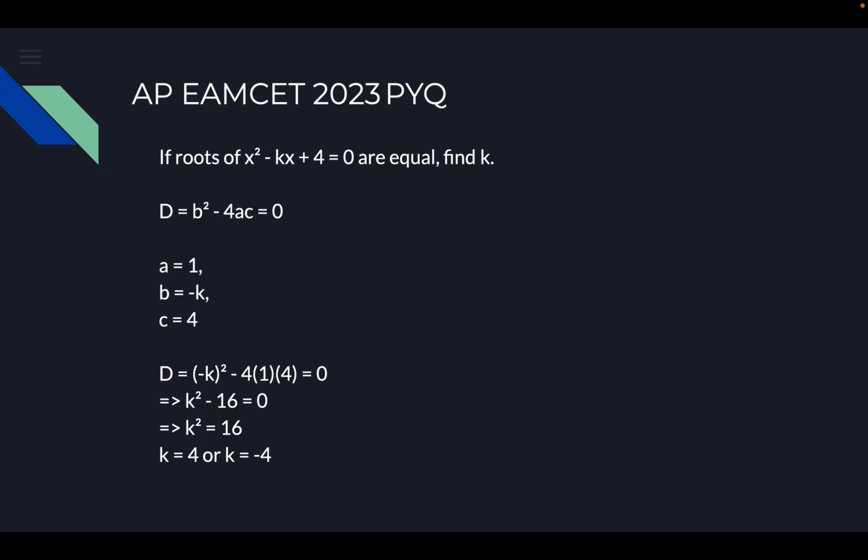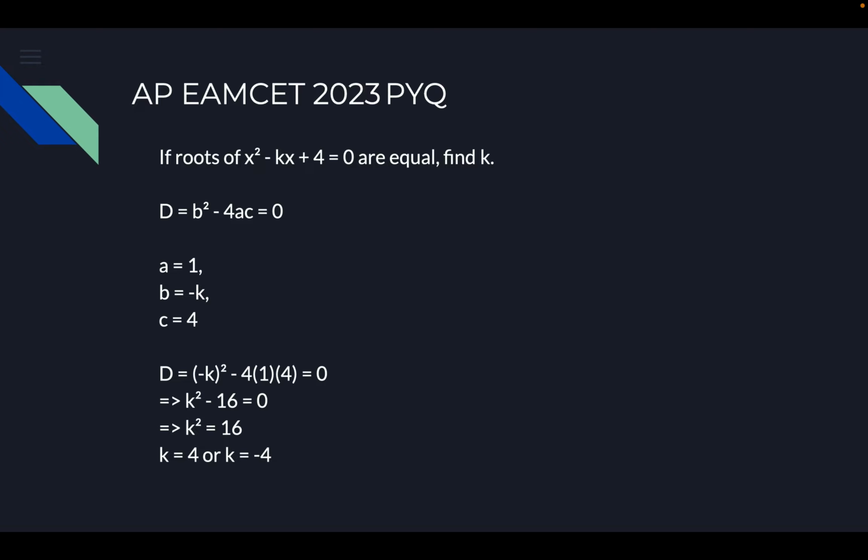Now let's look at a previous year question of 2023 EAMCET. This question says if roots of x square minus kx plus 4 equal to 0 are equal.